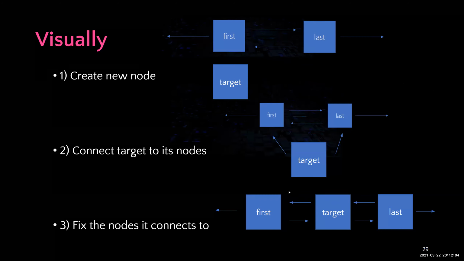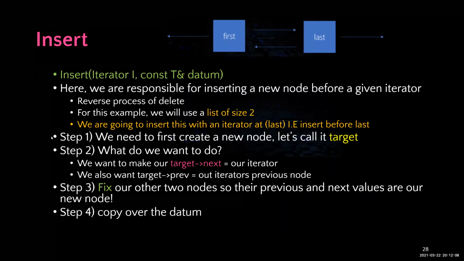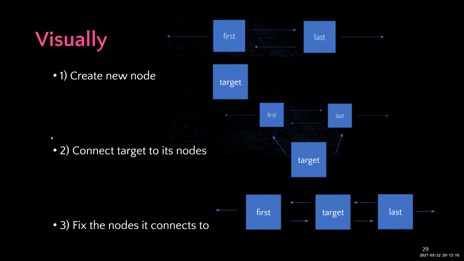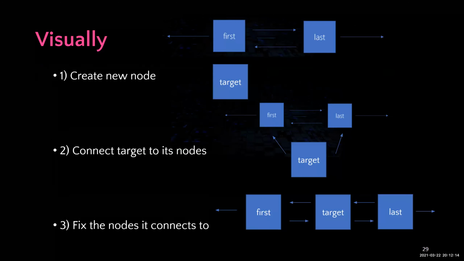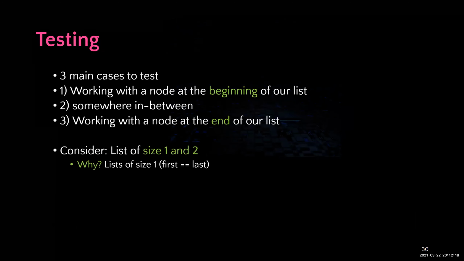But yeah, any other questions about insert and delete? All right, good stuff. So before we conclude today, I want to go over some testing strategies. This project is pretty easy to debug because there are three main cases: either you're working with the beginning of a list, the end of a list, or somewhere in between.